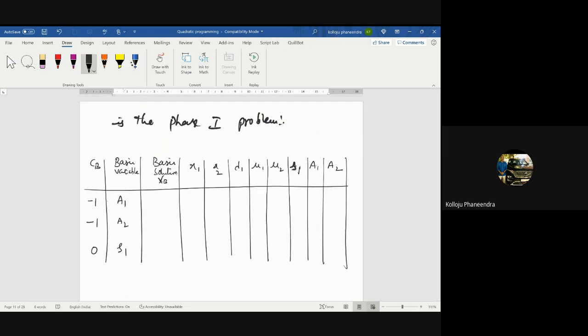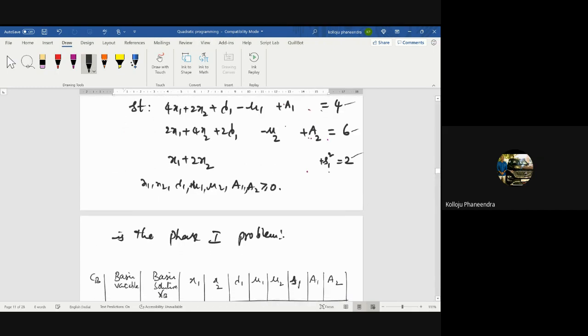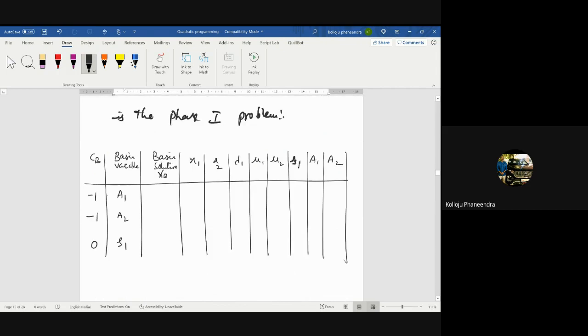The basic solution at the starting stage is the right side vector 4 6 2. And the x1 column is 4. Whenever I write this, I'm giving short techniques for you: the basic solution, you write this.